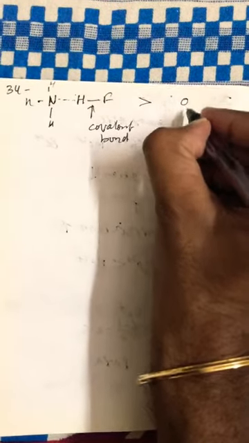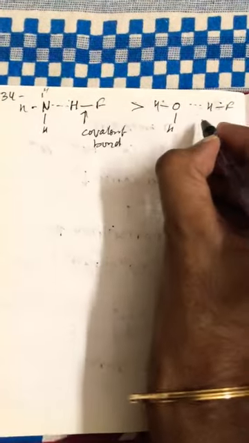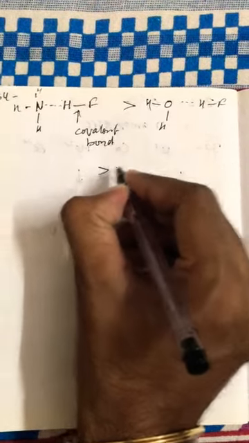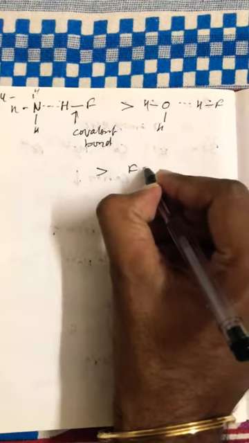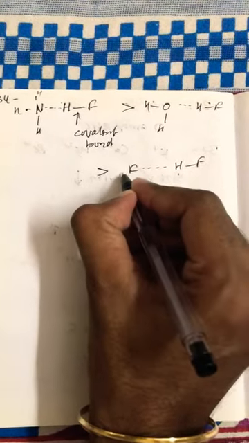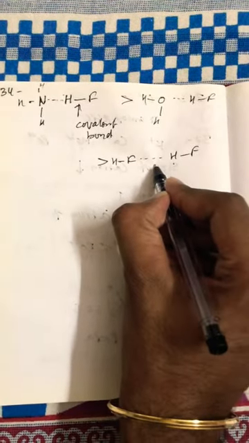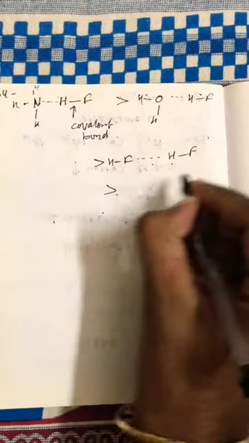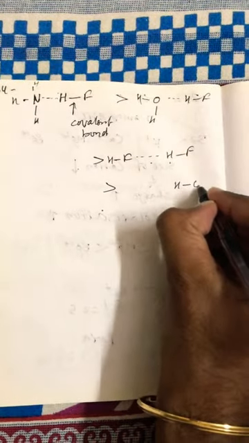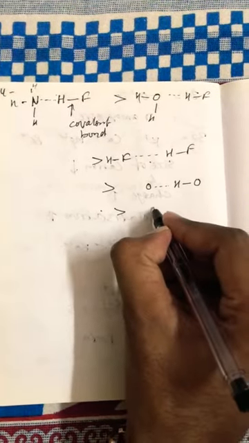Then if the hydrogen bond is between hydrogen and oxygen, then it is weaker than this hydrogen bond. And if it is attached with fluorine, then it is weaker than these bonds. But still this hydrogen bond is stronger than other hydrogen bonds when hydrogen is attached with oxygen or nitrogen.